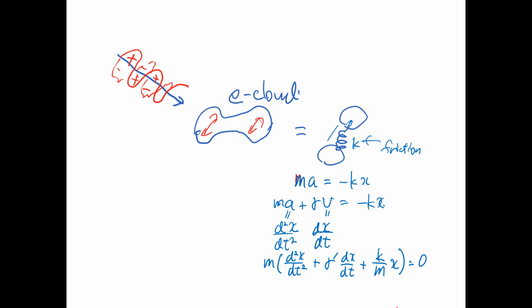And if you have some extra force applied, for example, in this case, this one has an electron or charge, and this charge is affected by the electric field, so the 0 is changed to something like minus e times E. So this is the equation we could obtain for the Lorentz model.